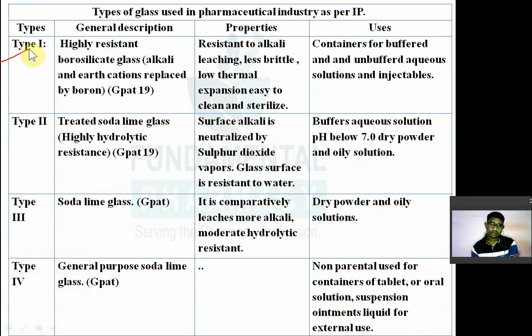Type 1 is highly resistant borosilicate glass, highly resistant meaning resistant to alkali leaching. It is used as a container for buffered and unbuffered aqueous solutions and injectables. Remember injectables; repeat it. Type 2 glass is known as treated soda lime glass. It has high hydrolytic resistance.